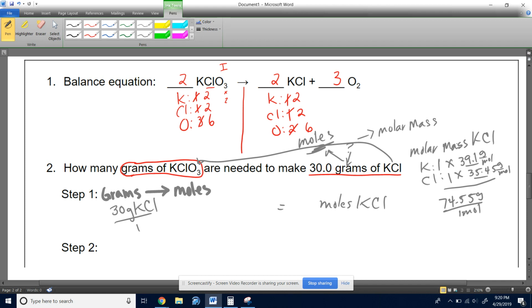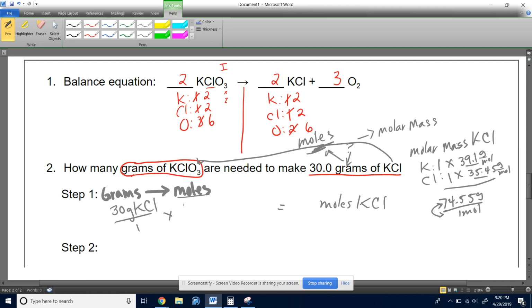Okay. So the next thing that we do is we multiply by this molar mass conversion factor. Okay. But we want to cancel out the grams. Okay. We want to go to moles. So that means we're going to have to rearrange this conversion factor.